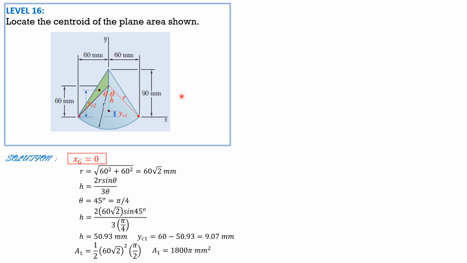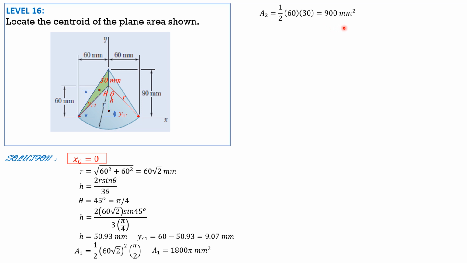For this triangle, the area is 1/2 the product of perpendicular dimensions. So this is 90 mm minus 60, so 30 mm. Therefore area 2 is 2 times this area of the triangle, remember. So 1/2 of 60 times 30, and it is equal to 900 mm squared.